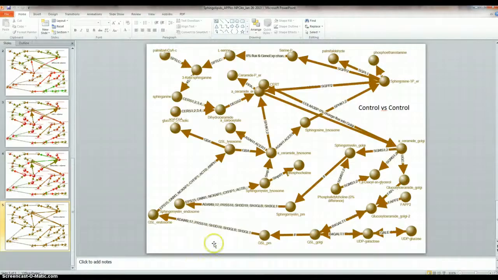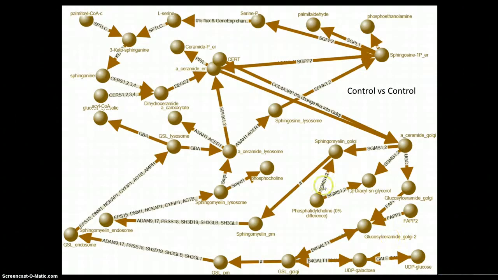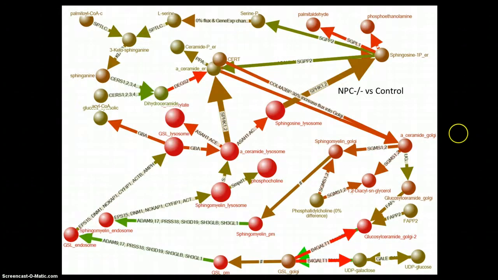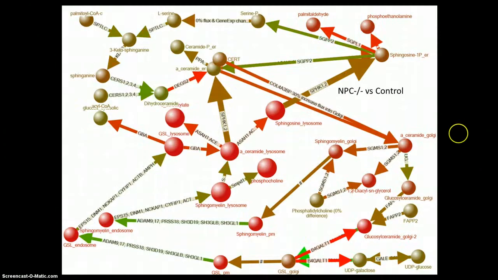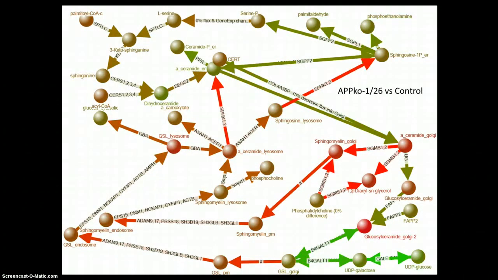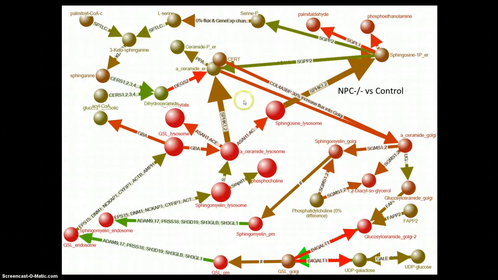So what we want to do, and this isn't the cholesterol pathway, but want to think about, is this a better way to view these types of pathways? Even at that, there's so much information going on, the change in size and color of this, the change in size and color of the arrows for the genes and the flux through the reactions.